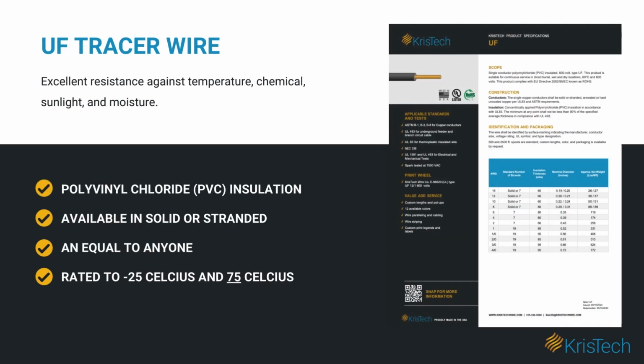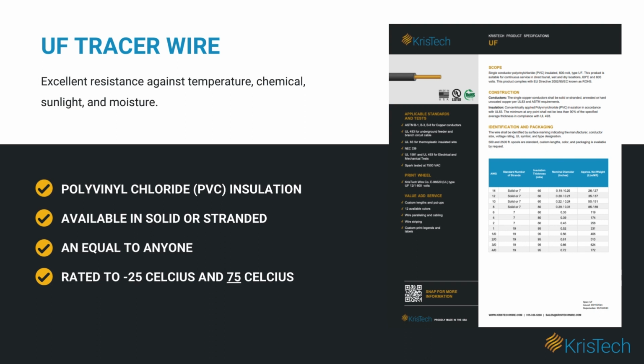UF is a direct burial plastic alternative to PE and has 60 mils of polyvinyl chloride jacket compared to the thinner jackets of PE30 and PE45 polyethylene tracer wire. UF is called out in some specifications due to its jacket thickness, enhanced protection, and superior flexibility.